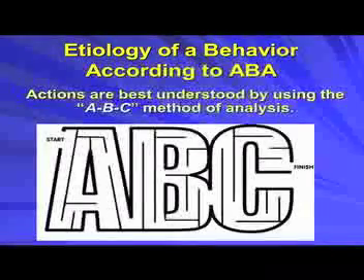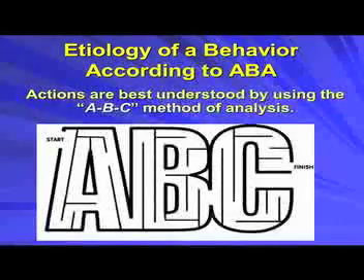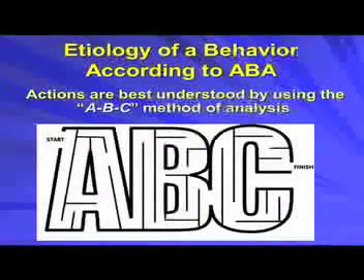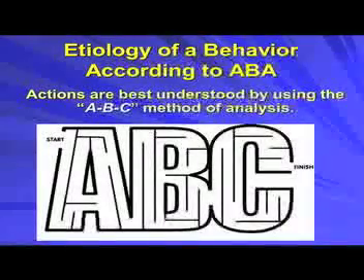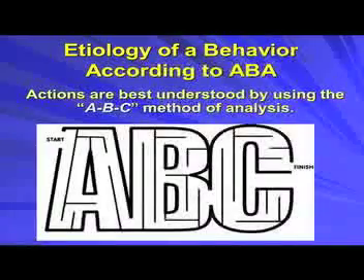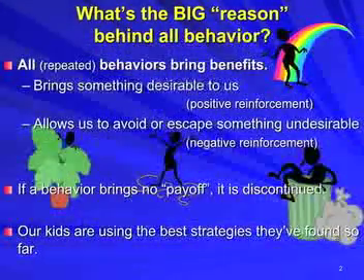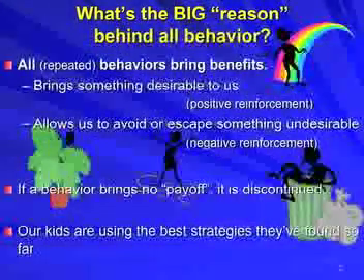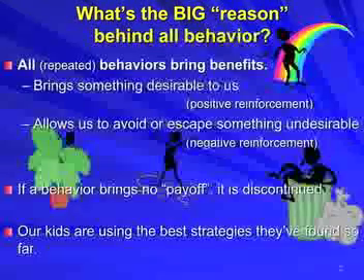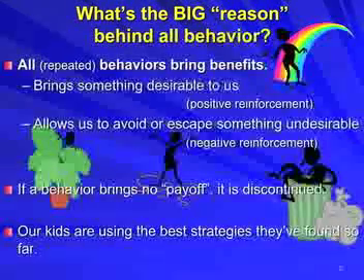B is for behavior. Whenever we see that action that concerns us, the one that we've defined specifically so we know exactly what we're looking for, once we see that behavior, we say, "There it is." And we look at what came before it, what sparked it, what set it off, what was the preface to that behavior, what event represents the A. And then we pay attention to what followed the behavior, what was the C, the consequence.